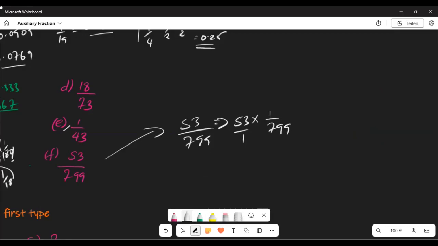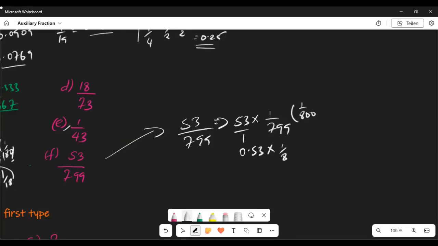So what we're going to do here is convert 1 over 799 into 1 over 800. Okay, so this is only 1 less for it to become 800. So in that case now, the 2 zeros will cancel. So it will make 53 into 0.53. And then we're going to multiply that one by 1 over 8.